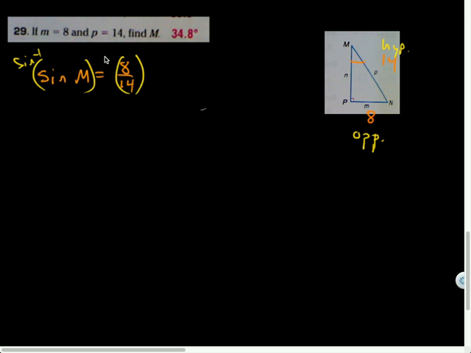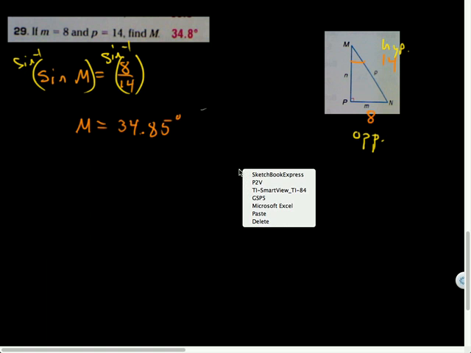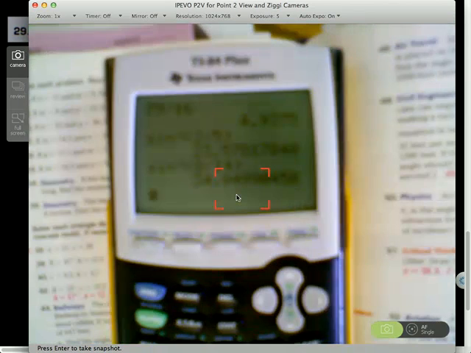So I get m is equal to the sine inverse of 8/14, which, 8/14 can reduce, but 34.85 degrees. I got that. You got that? I got like 0.1.